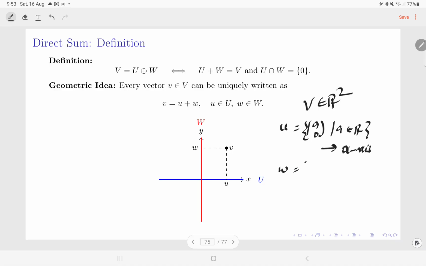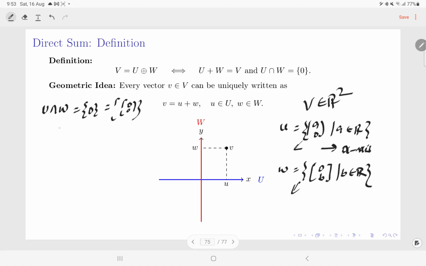Let's say W is defined as (0, b), where b comes from the field. Remember, every time I'm using this notation, it is a set. Now can you show that this is a direct sum? What is U intersection W here? This will be nothing but 0 only, or you can write it like (0, 0).